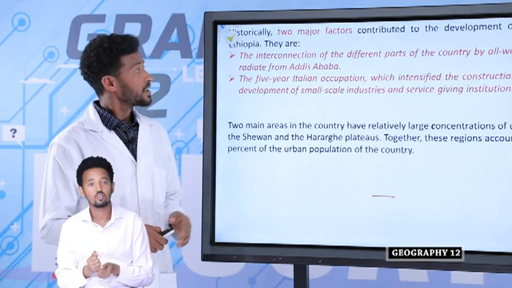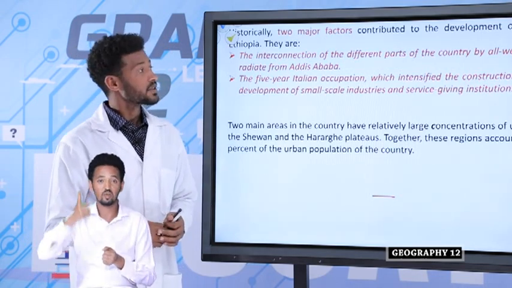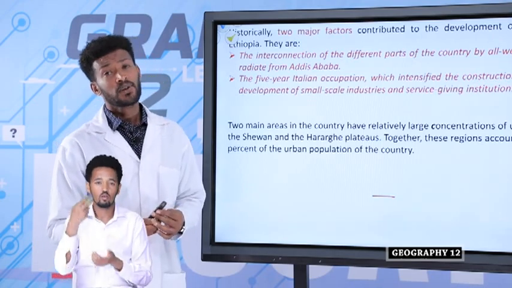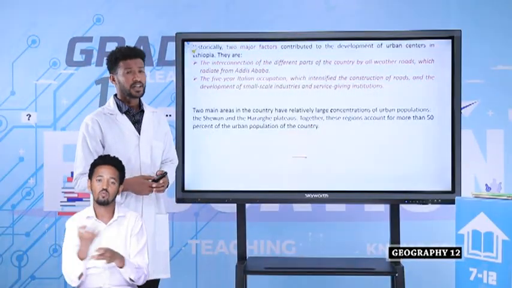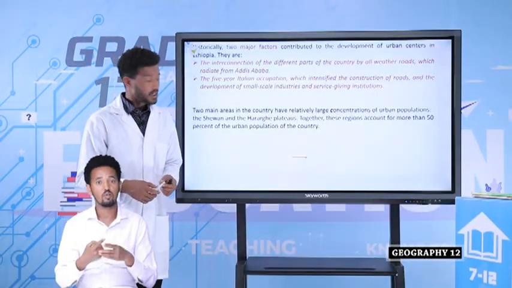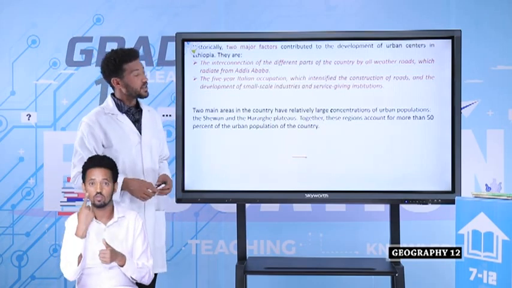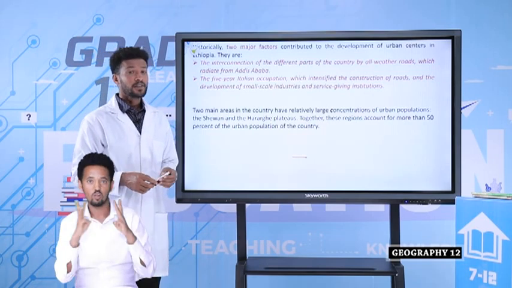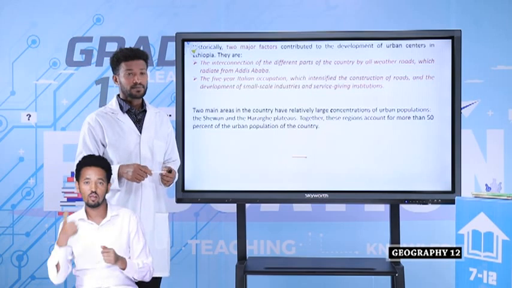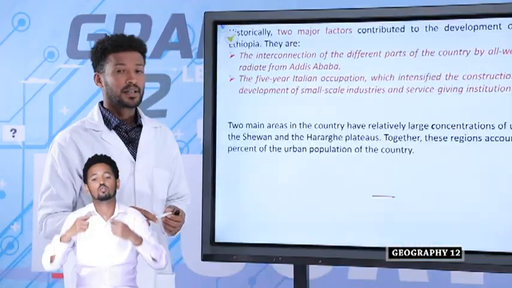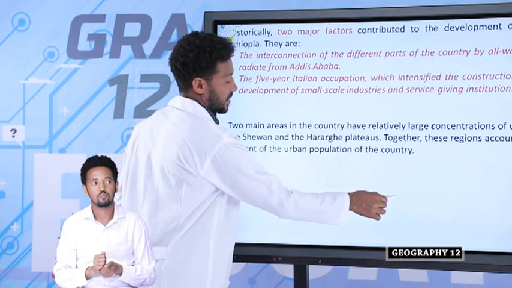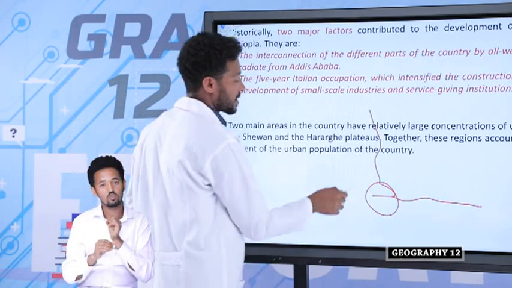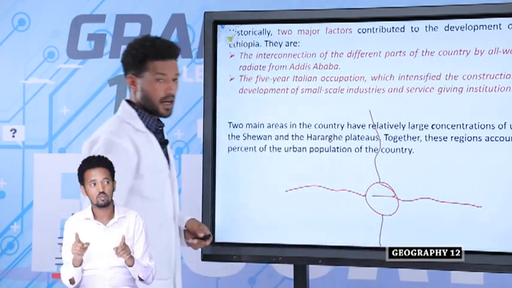Students, historically, two major factors contributed to the development of urban centers. What are these two important factors or historical events? The first one is the interconnection of different parts of the country with all-weather roads, which radiate from Addis Ababa to all regions. As you know, if this place is Addis Ababa, all roads radiate from Addis Ababa to different regional areas.